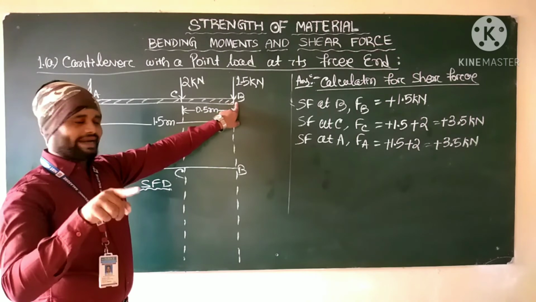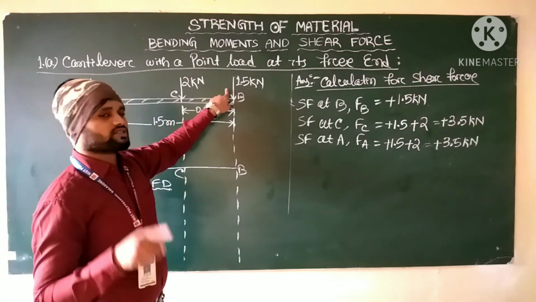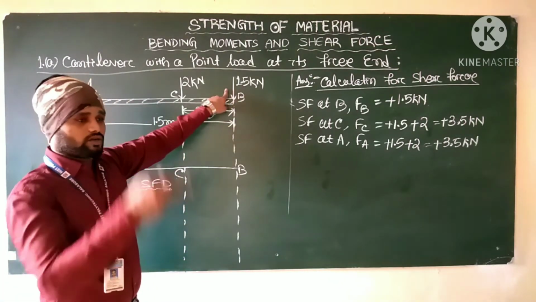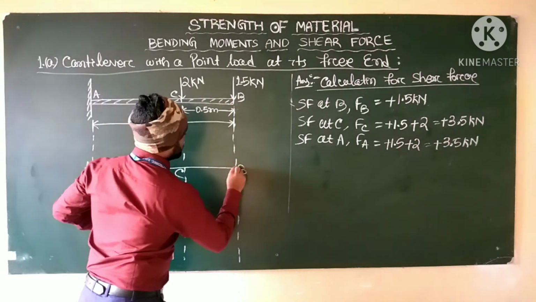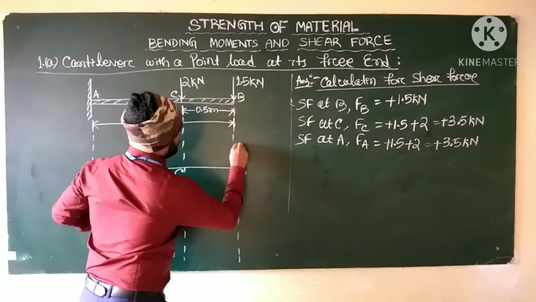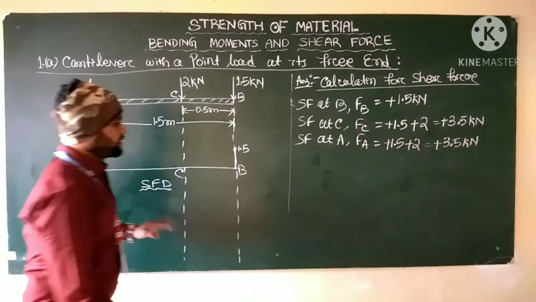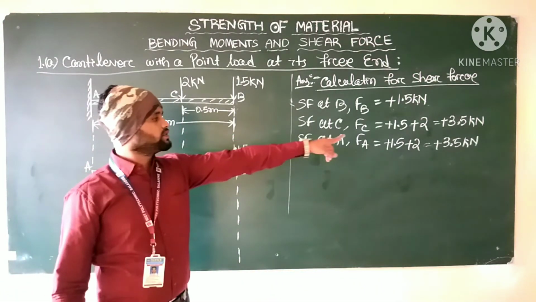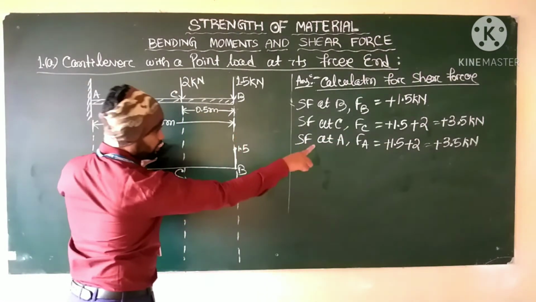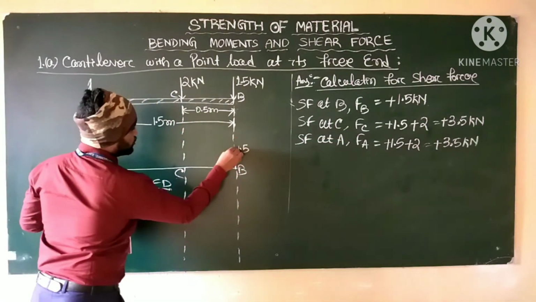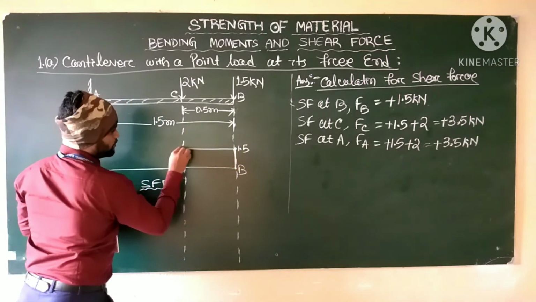We have known that if there is a point load, the shear force line will be vertical. So plus 1.5. Next, at point C, what is the load? Plus 3.5. That means plus 1.5, plus 2. So up to this 1.5.